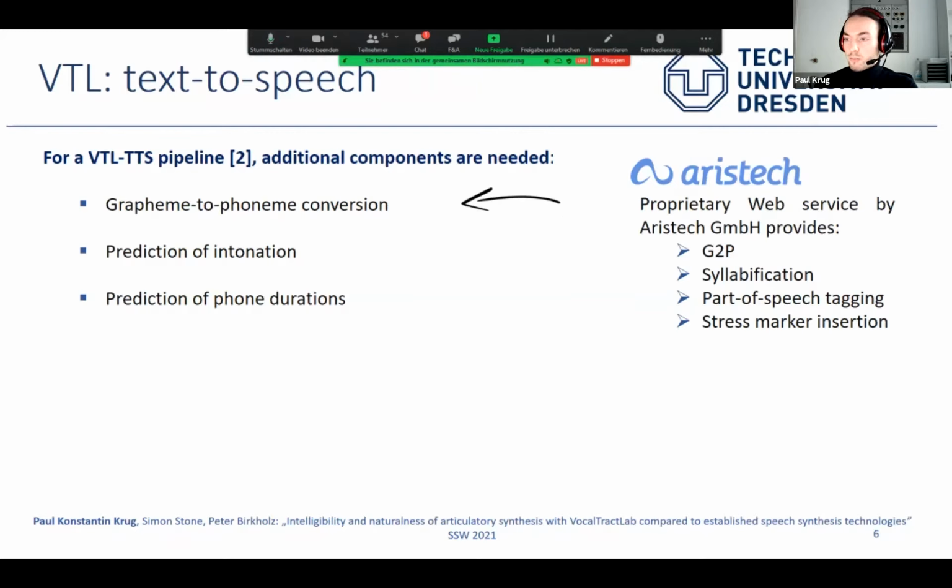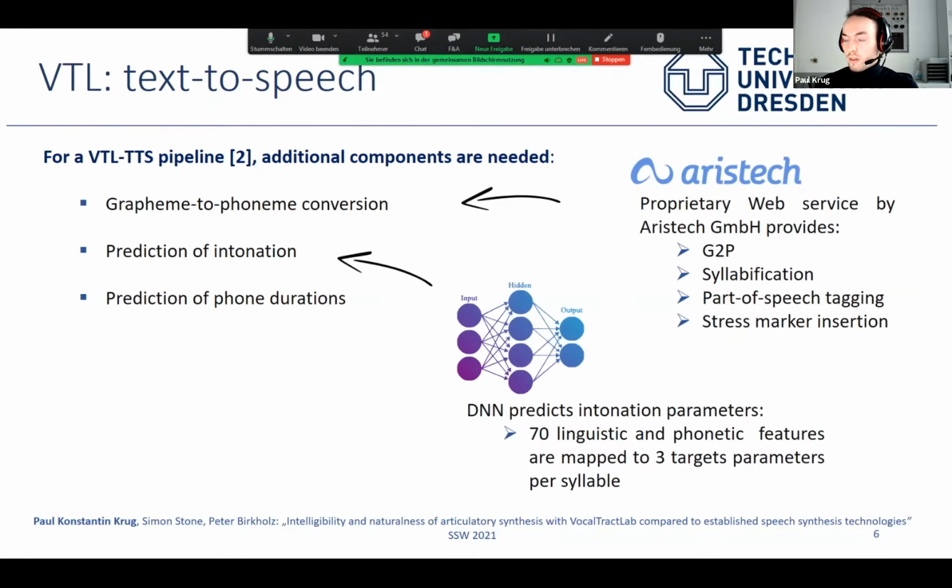And these features are important for the prediction of the intonation, which is done by a simple feed-forward neural network, which predicts 3 parameters per syllable, which describe the pitch contour in this syllable.